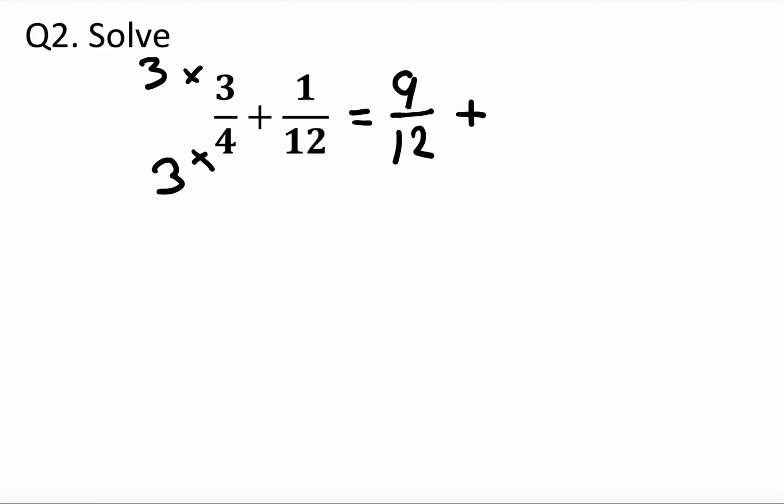Now we've got them the same, so we can add them together. So we add the numerators. 1 and 9 is 10 over 12.